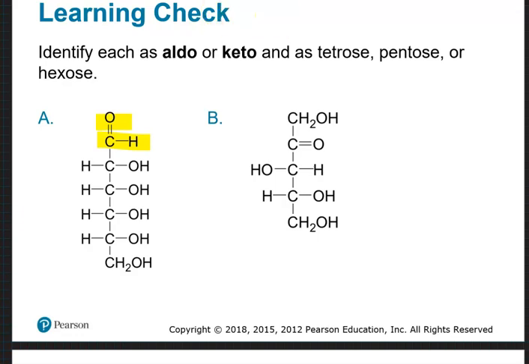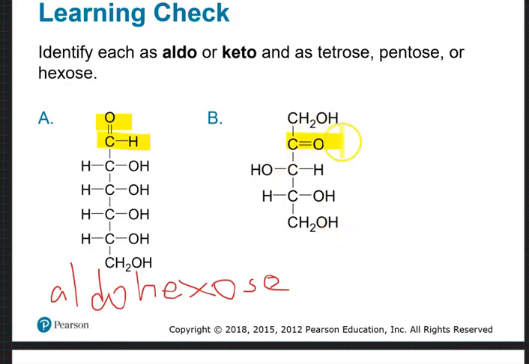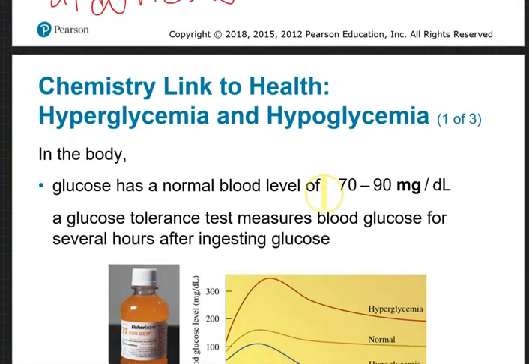Well, I will have to write it down this way. So aldohexose. Right? Now, what about second one? What type of carbonyl is that? Ketone. How many carbons? 5. So, ketopentose. Correct. Yes, very good.